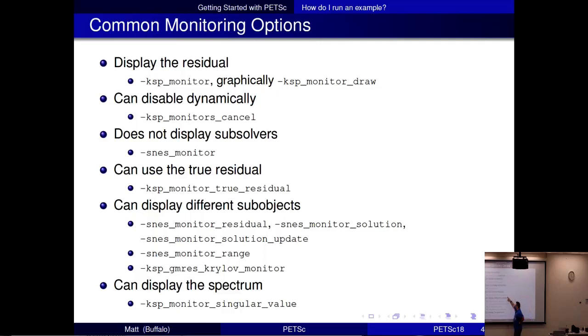KSP monitor true residual will print the preconditioned residual, the true residual, and the norm of the right-hand side initially. You can print stuff about the solution update, about the solution, about the range. The range is a cool one. You want to look at how many entries have big residual and how many have small residual.